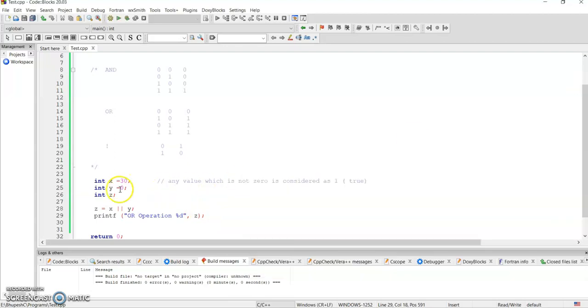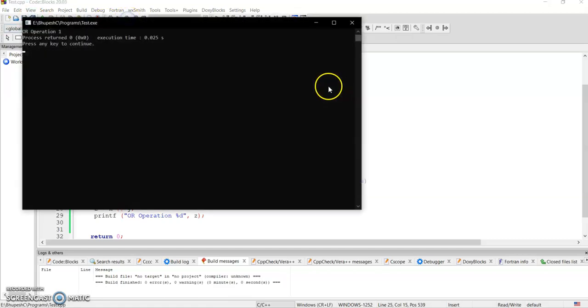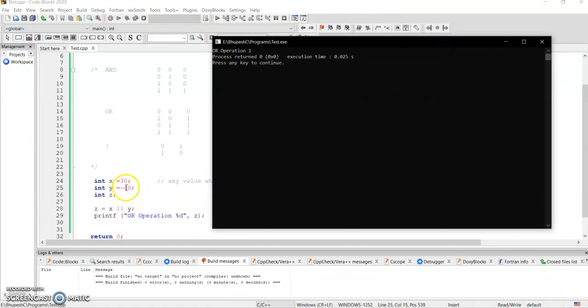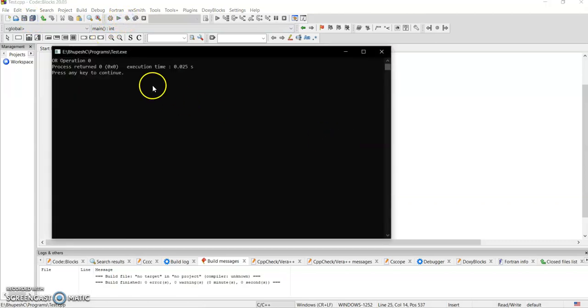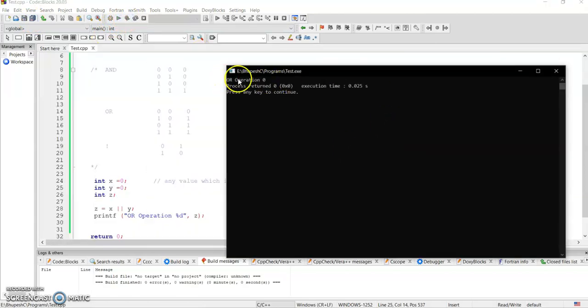Now let me put here minus 40. Both are 1, so z should be 1. Now, OR operation with both being 0, z should be 0. Yes, z is 0. That's what we have found.